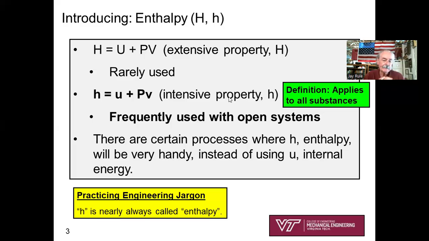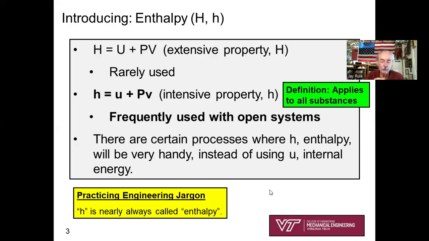And instead of getting down in details of why we are defining this new property, I'll just tease you and say, look, we're not going to really use enthalpy a great deal until we start into analyzing open systems. And there are some engineering reasons why we need to define a new property called enthalpy. It says in my note here, there are certain processes where H, enthalpy, will be very handy instead of using U, internal energy.